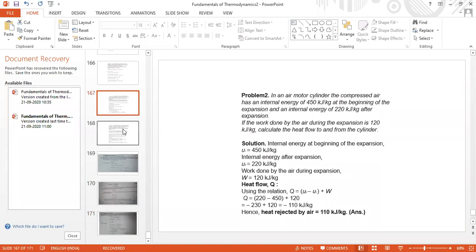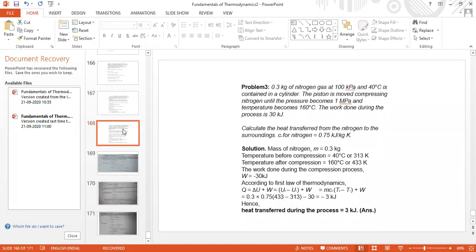And see, in the third problem, nitrogen is given, mass is given, and at 100 kilopascal and 40 degrees centigrade, temperatures are given. And these temperatures help you to find out internal energy. du equal to Cv dT, or U2 minus U1 equal to m Cv (T2 minus T1).